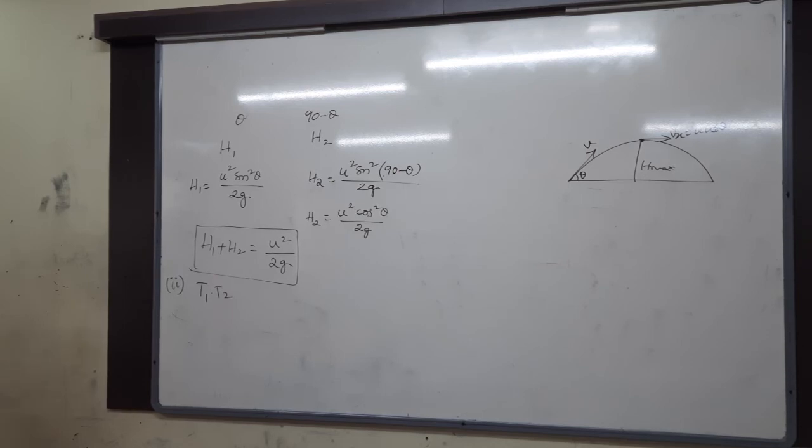2R by G is the correct answer. Take that properly. Yes, very good. 2R by G is the correct answer.